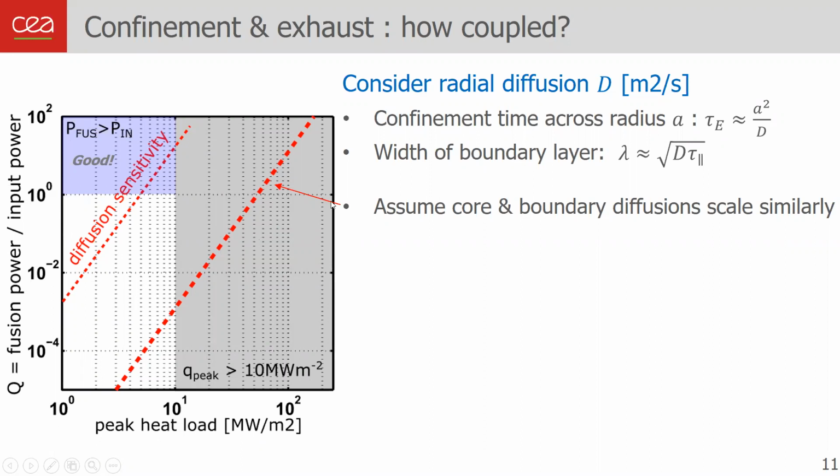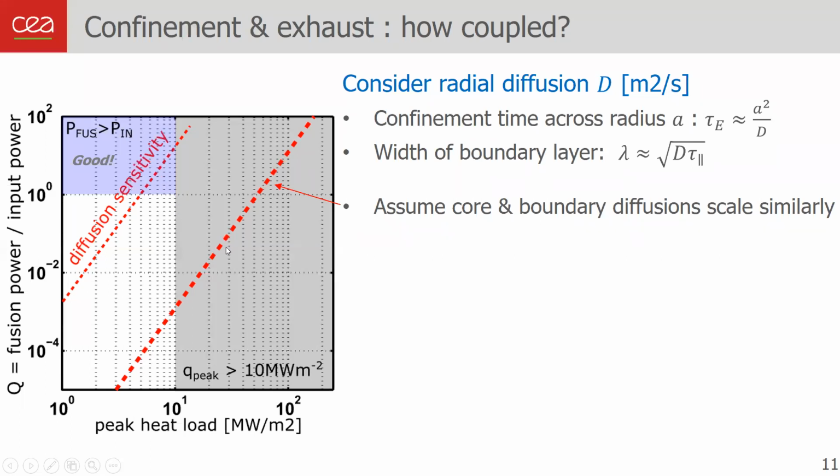So if diffusion at the very edge is very small, you will get a very thin plasma load on the wall, and you will get extremely high peak heat loads before getting to the Q above 1 threshold. Now, if D at the edge is larger compared to D in the core, you may have an easy access to a region of operation.